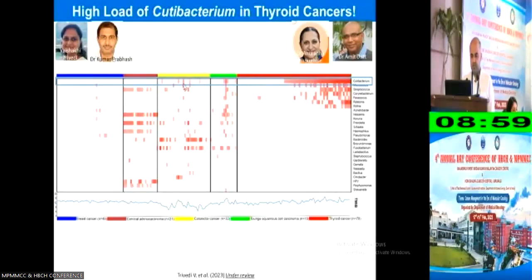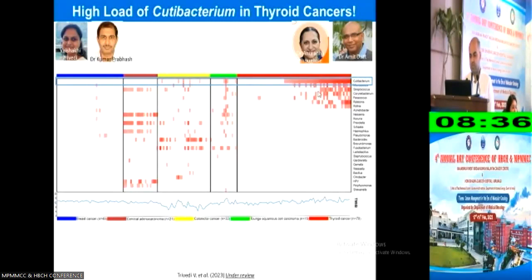We also take another step wherein one more PhD student from our lab, Vaisakhi, who is working under the guidance of Dr. Kumar Pravas, and in collaboration with Dr. Anuradha and Dr. Amit Dutt, identifies Cutibacterium in thyroid cancer. Thyroid cancer, to our understanding, is a more sterile organ compared to other body sites.